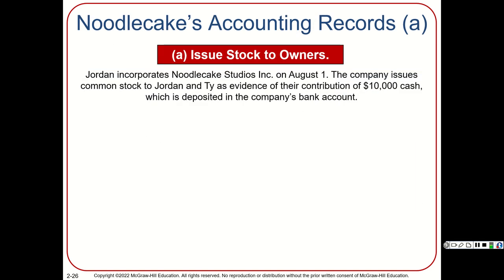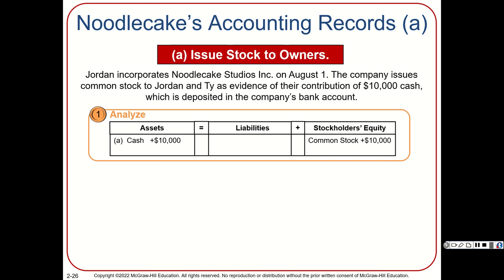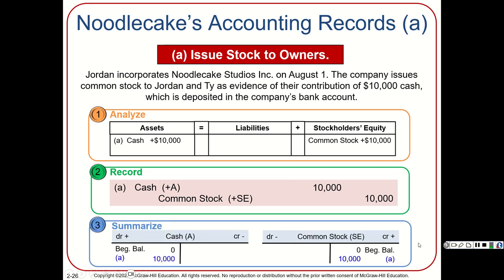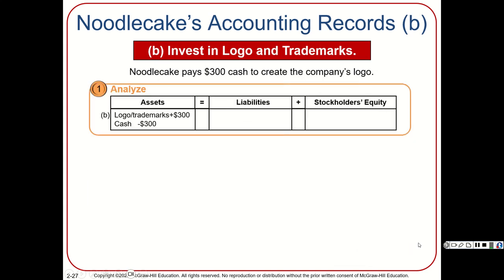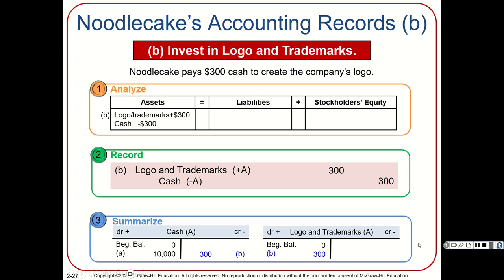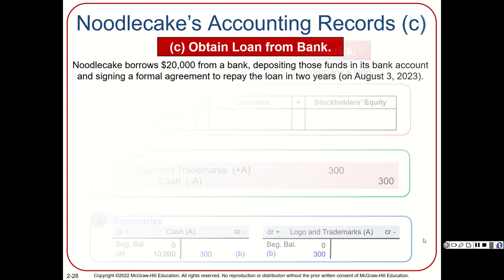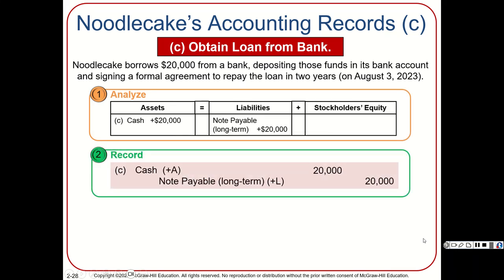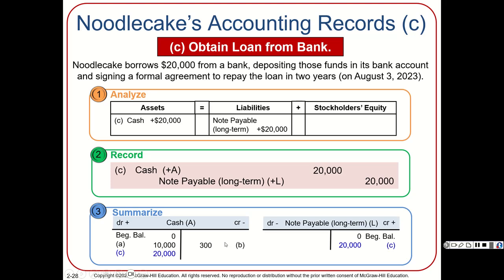All right, we're going to go through this part fairly quickly because we are just looking at the different steps one more time: analyzing, recording, and then summarizing. Analyze, record, and summarize. Notice here, this is when your cash starts having a little bit more activity.